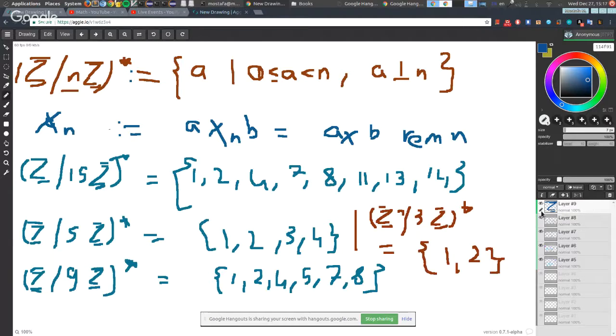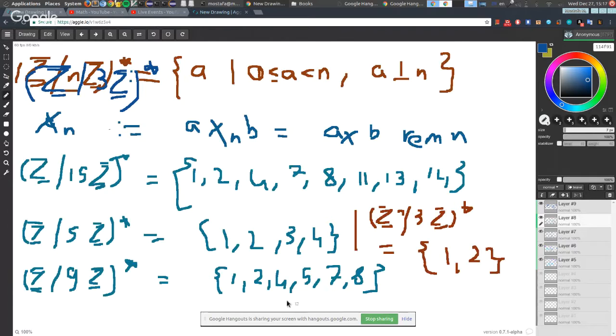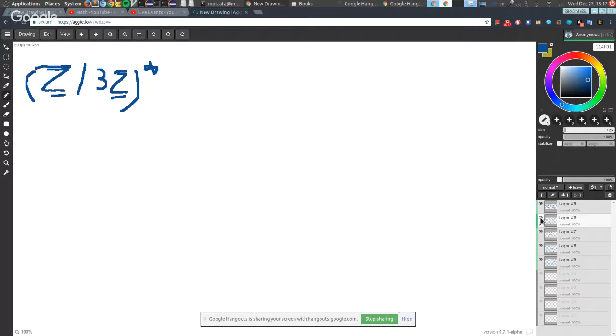So how can we see that? Here, as we see, the elements here are subsets from here, and we do the operator we have. So we only have the 1 and 2.